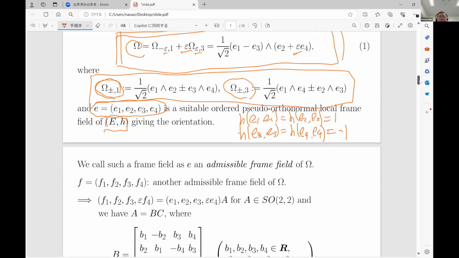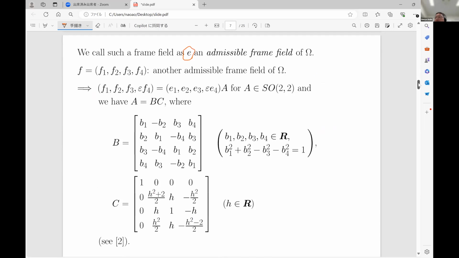We call such a frame field, small e, an admissible frame field of a section omega. Let small f be another admissible frame field.